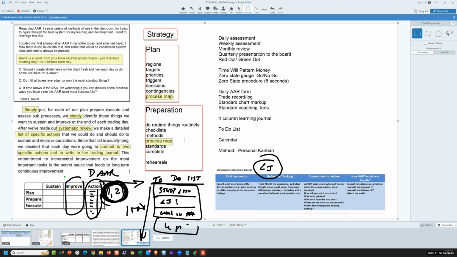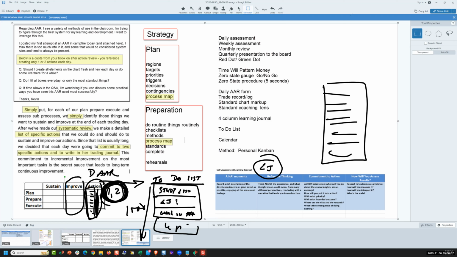But if I identified an action that I got to work on, but I'm not going to get to it tomorrow, I don't discard that. It's just going to go on a master to-do list in some priority, and then there's only so many things I can do every day, and I got to account for not just AAR comments, but I got to write a letter to my parents, and I got to go visit this, I got to scan that book, and I got to learn that lesson, and I got to update my software.